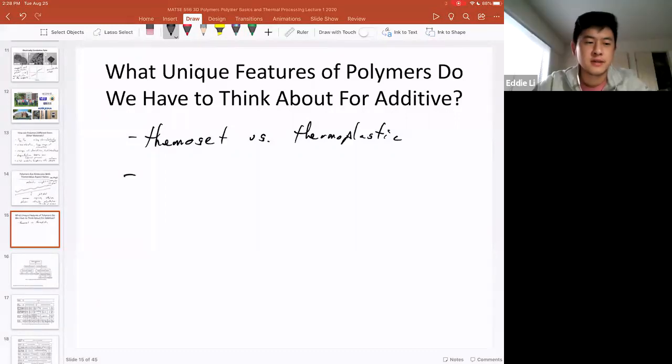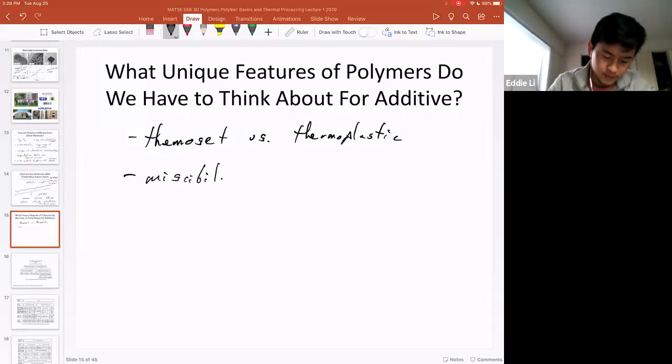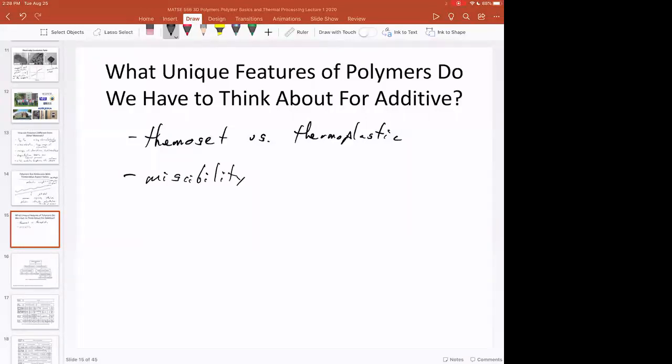Miscibility within composites. So sometimes we call that miscibility, sometimes we call that compatibilization. Sometimes we call that dispersion.